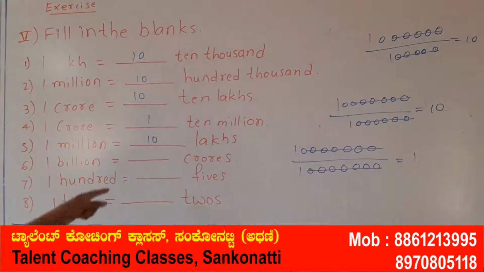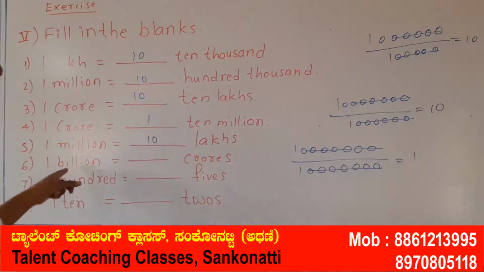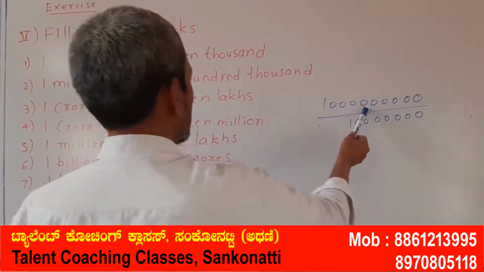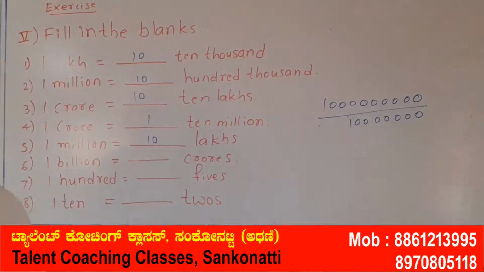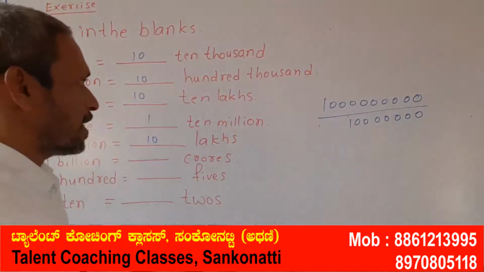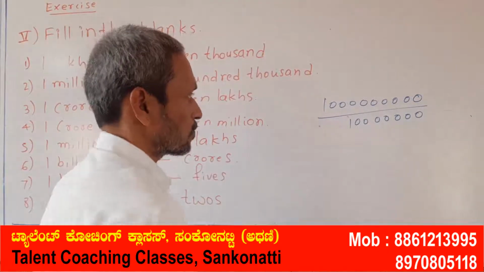1 billion is equal to how many crores? Now we will divide billion by crore. See, this one is the crore, this one is the billion, this one is crore. We divide billion by crore.